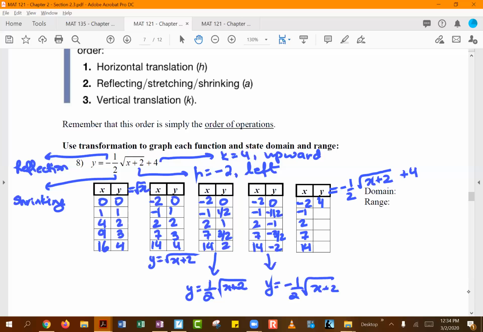Negative 1/2 plus 4, 3.5, very good. So as a fraction, that's 7/2, or you can write it as 3.5. Negative 1 plus 4, 3. Negative 3/2 plus 4.